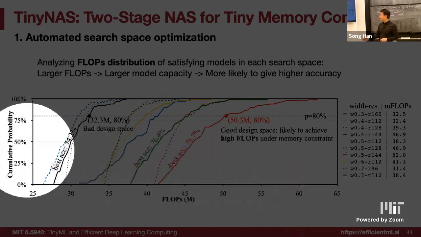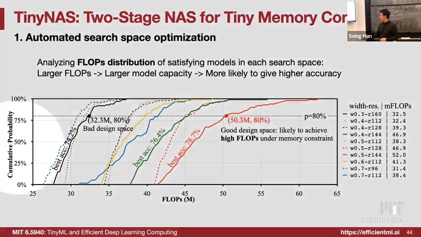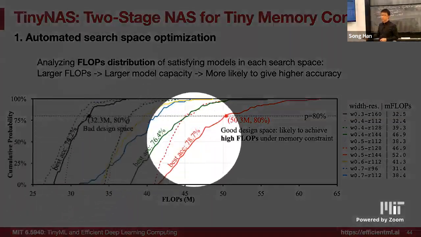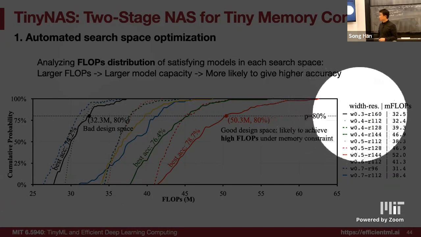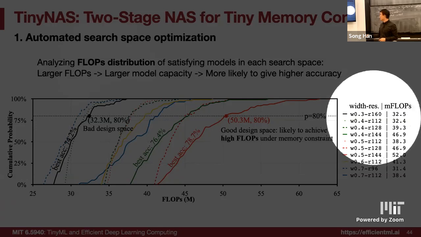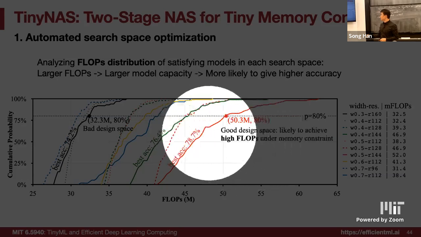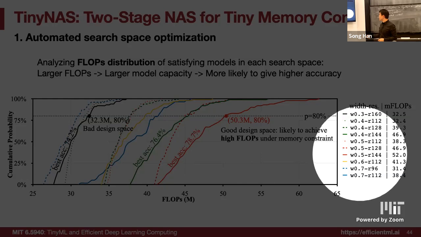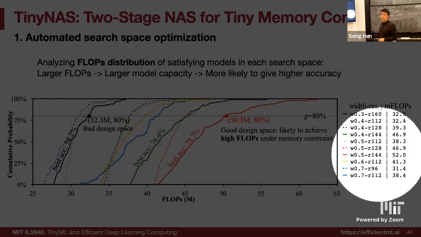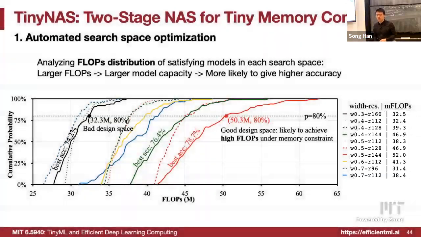The y-axis is the cumulative probability. Different curves correspond to different search spaces. For example, the black search space has a width of 0.3, or 30% width, and a resolution of 160. And this red search space has a larger width, 0.5, and a smaller resolution, 144.